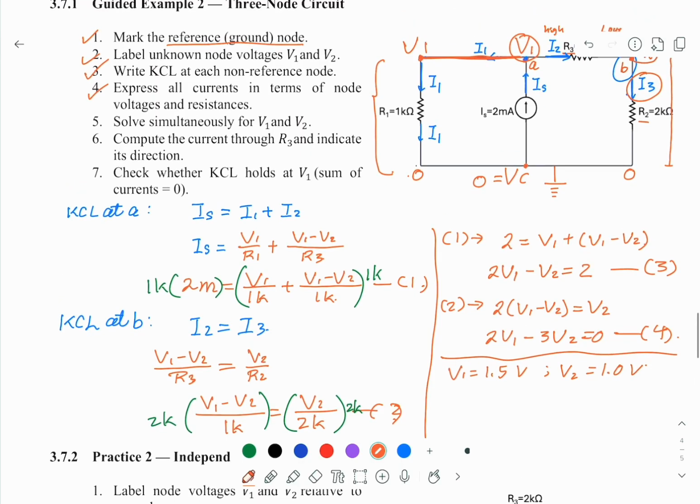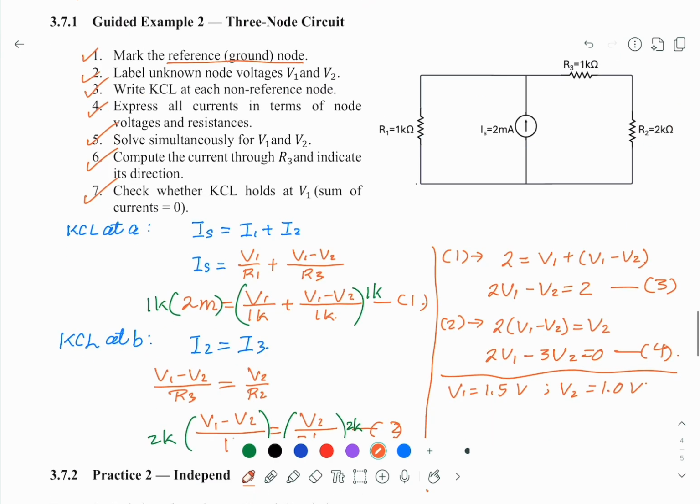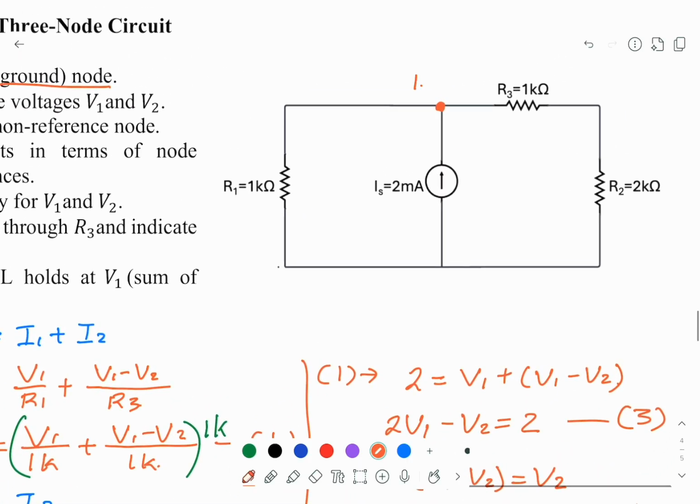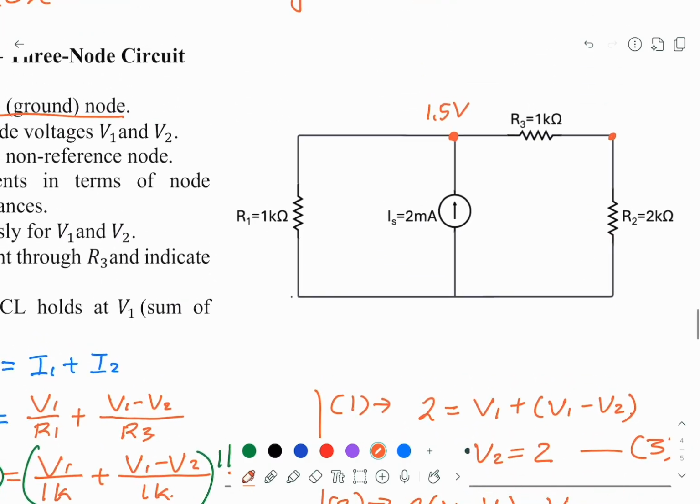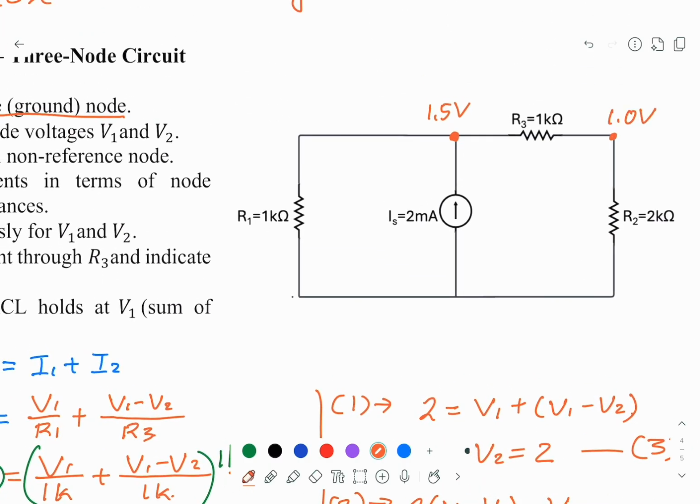So let's check all the steps. Solve simultaneous equations, yep. Compute the current through R3 and indicate its direction. Check KCL holds at V1 and sum. Okay, let's do it. We found V1, at this point, equals 1.5 volts, and V2 at this point equals 1.0 volt, and we assume the ground here is 0 volts.